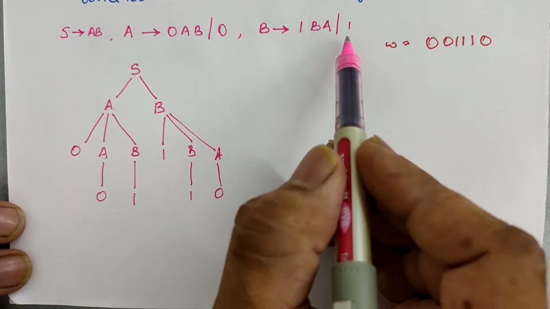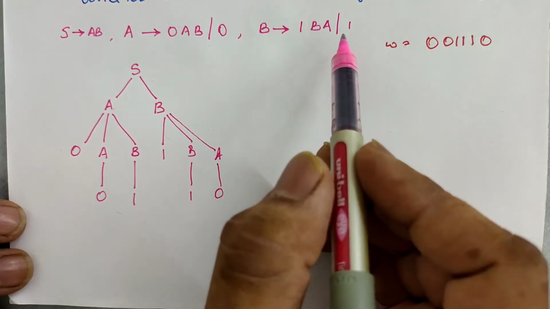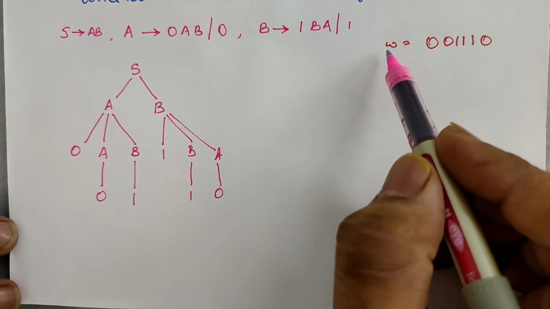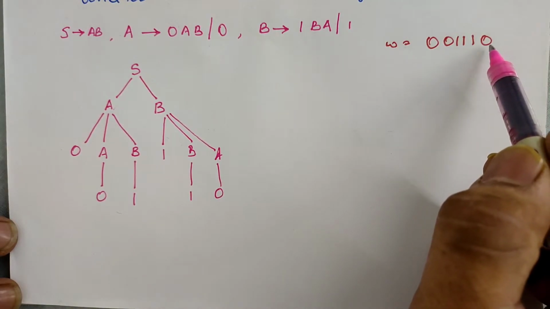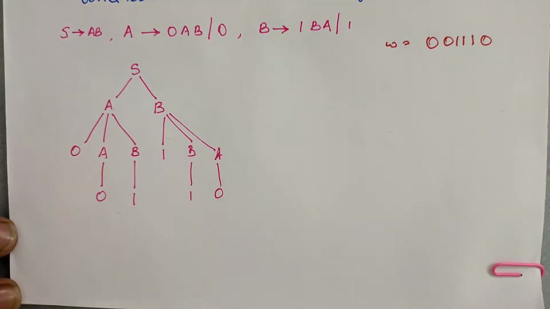We are trying to derive the string W = 001110.